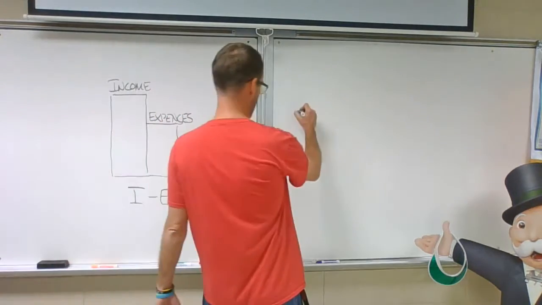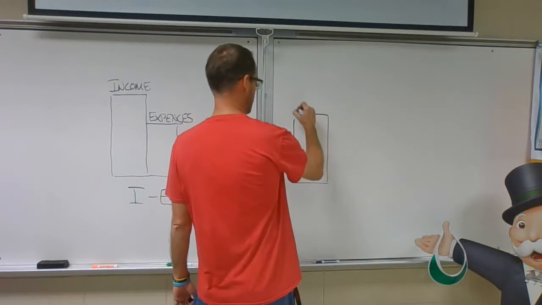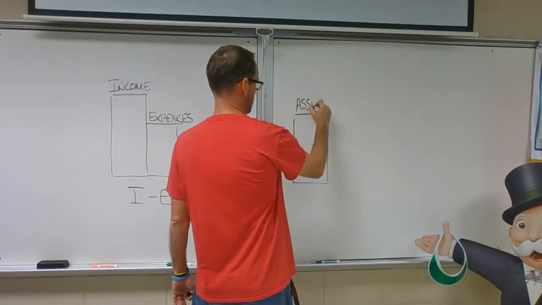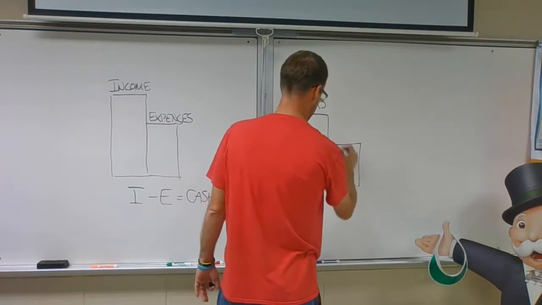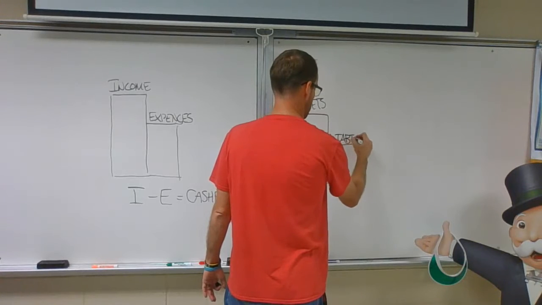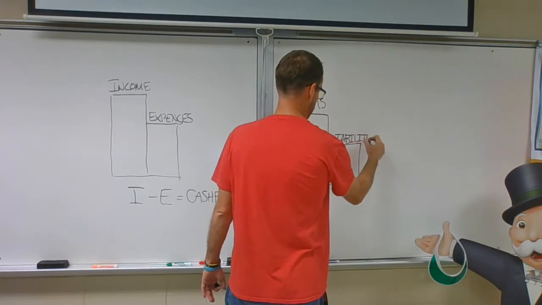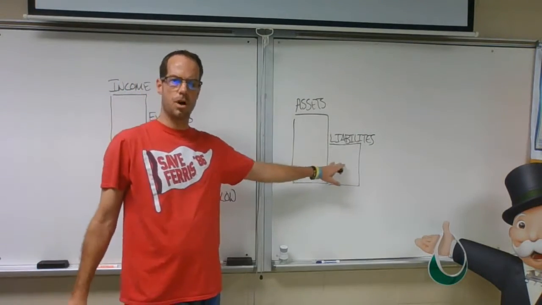The other part of our model had two more blocks. One of them was assets. And then we had one called liabilities, which is another fancy word for debt that you owe. This is what you own, this is what you owe.